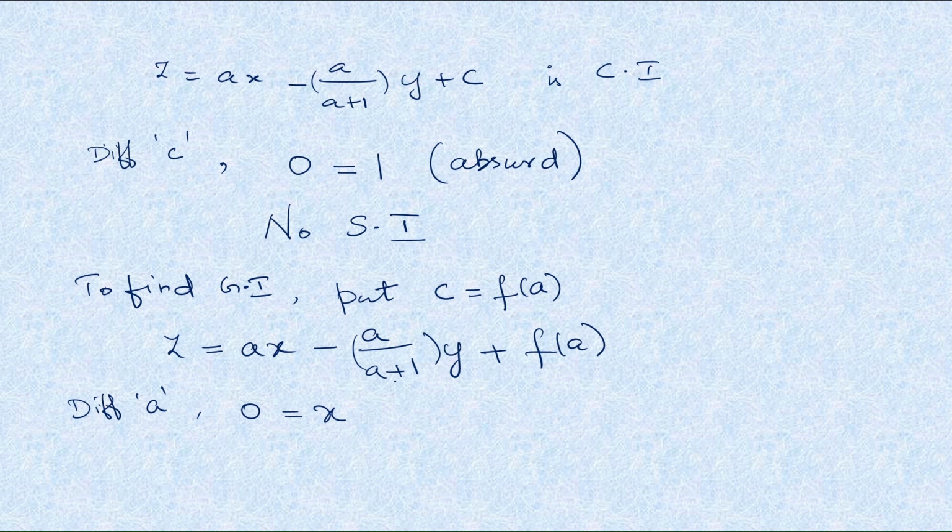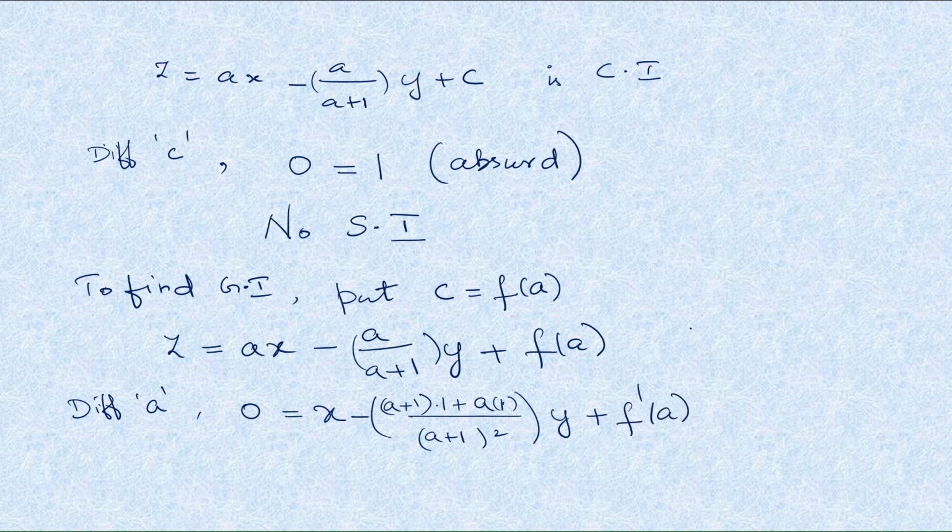Similarly here you have to use the u by v formula. So this gives you a plus 1 whole square, and in the numerator a plus 1 into 1 minus a into 1, into y, plus this becomes f dash of a.